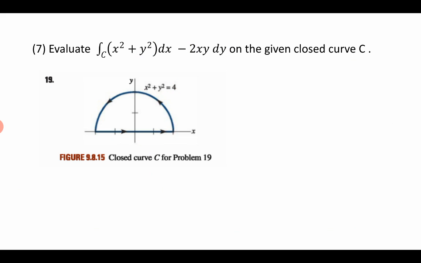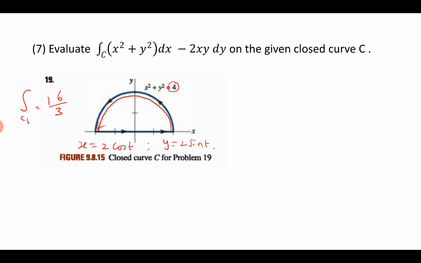Remember, integration along C1 is 16 over 3. Now our integration is along this curve. This is a circle of radius 2, so x is equal to 2 cosine t and y is equal to 2 sine t is the parametric form.